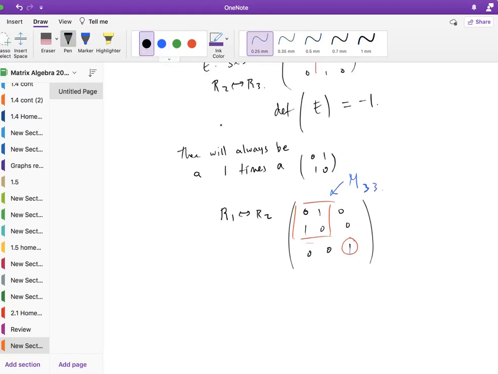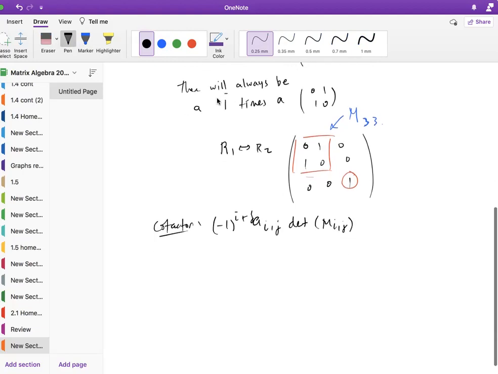So question: remember in our cofactor expansion, it's -1 to the i plus j, a_ij, and then the determinant of M_ij, right? So why is it always a positive 1 times a 0, 1, 1, 0?